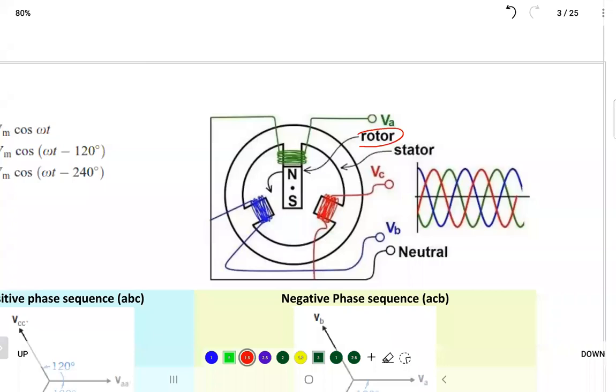The rotor has a magnet with north and south poles, so when it rotates it produces something called the rotating magnetic field. The magnetic field rotates inside, and every time it intersects an inductor, you have three coils: coil A, B, C.